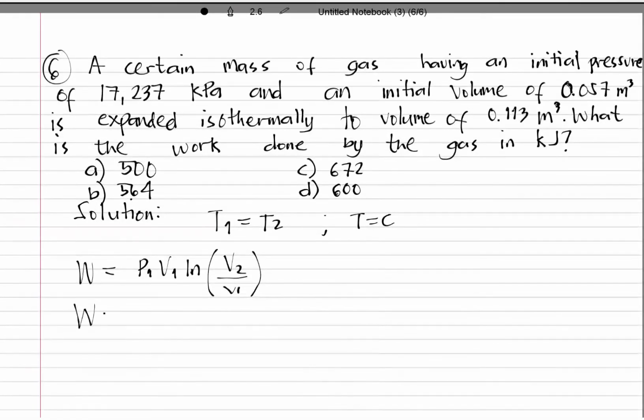So, W, so P sub 1 natin, may binigay 17,237 kilopascals. So, yan ay magiging kilonewton per square meter. Okay? And then, yung ating V sub 1, initial volume, is 0.057 cubic meters.